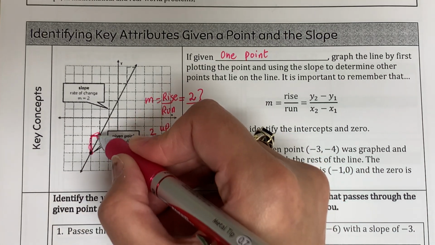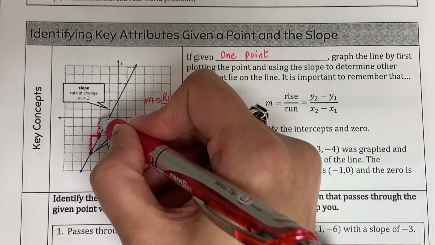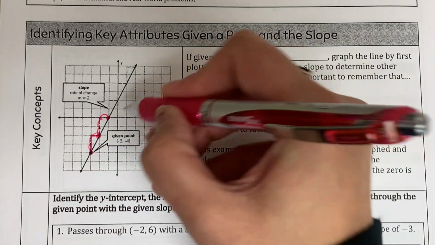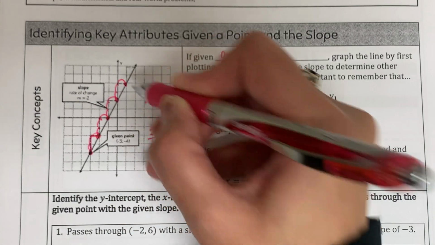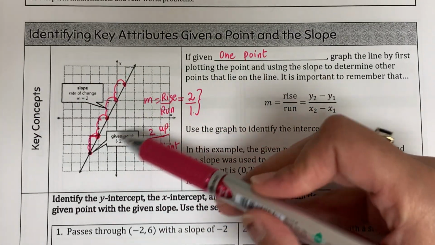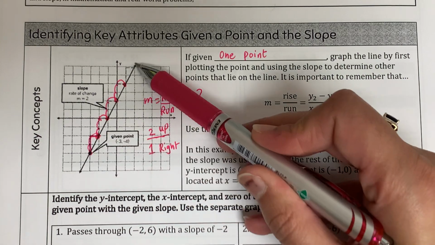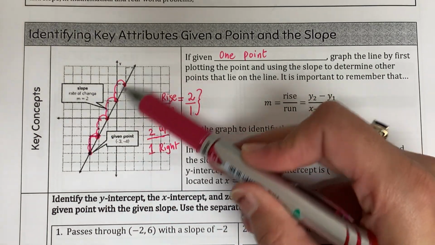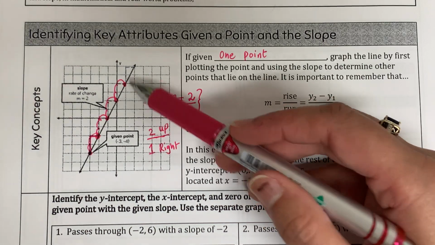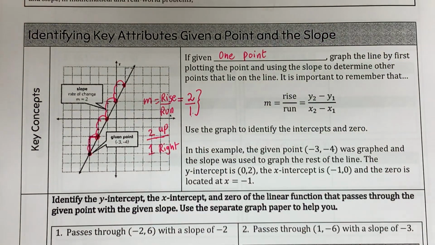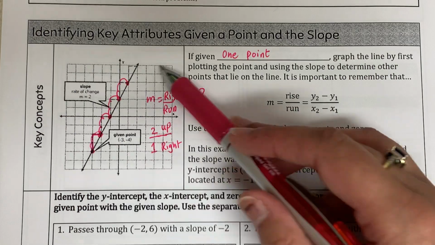This is where the next point is, and then again 2 up, 1 right, that's where your point. 2 up, 1 right, there you go. And this is a good staircase that I can see, and join these lines using a ruler or edge of your paper, and there you go. I have everything that I need once I have the line.